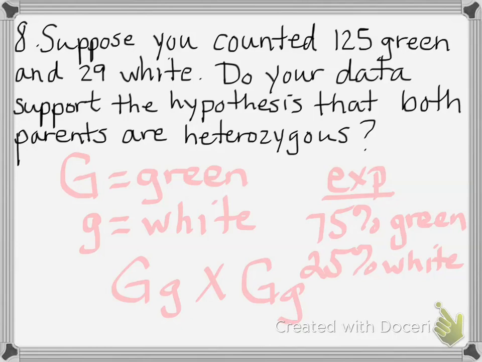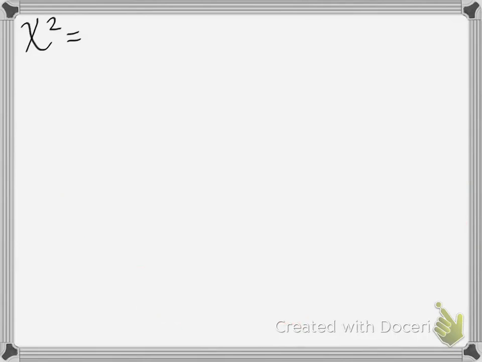Okay, I've got to go to a fresh screen. To get this started, I'm going to take how many I had. I had 125 green and 29 white, which I'm getting off of number 8.